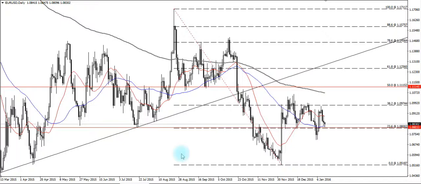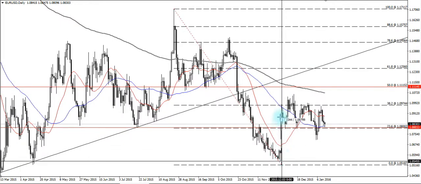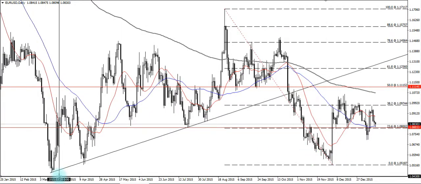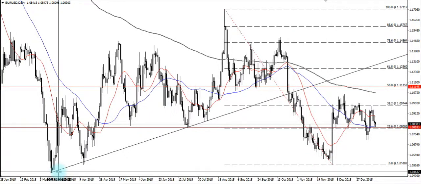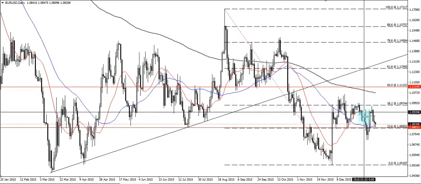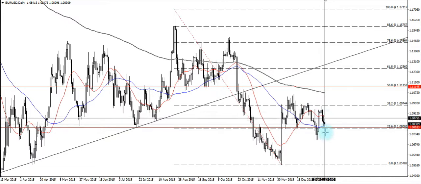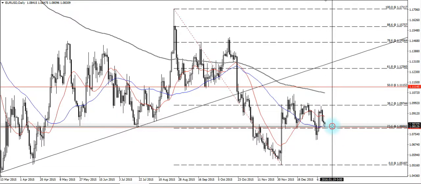Previously there was a very strong appreciation right here as the price almost reached the previous low at 1.0463. Therefore, we are expecting that the price will be able to retrace even further from here after the consolidation right here has completed, and we feel that it is about to finish.